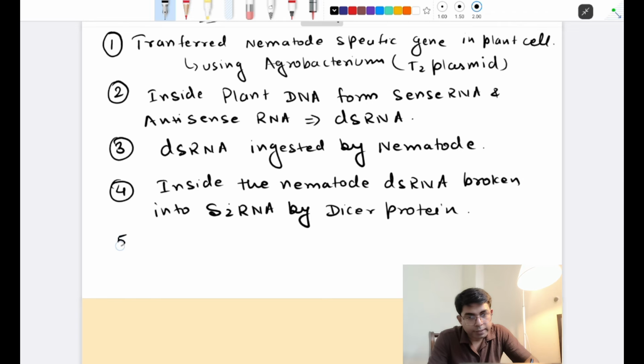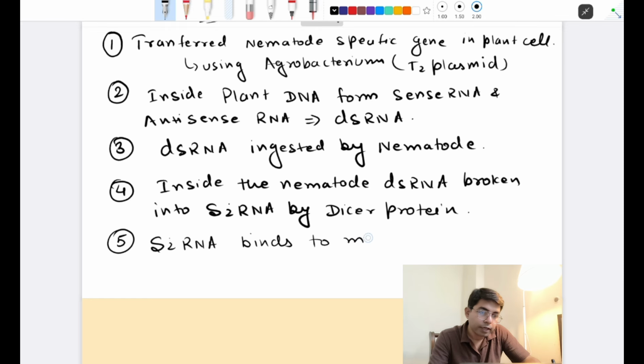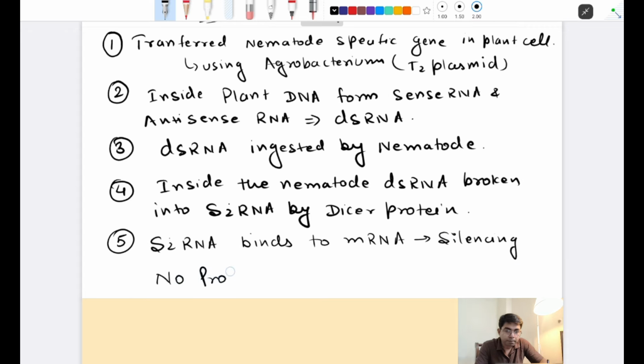And ultimately, lastly, this siRNA binds to the mRNA and causes silencing of the mRNA. So what happened? No protein is formed, and if there is no protein, then the nematode dies. So this is how RNA interference works.